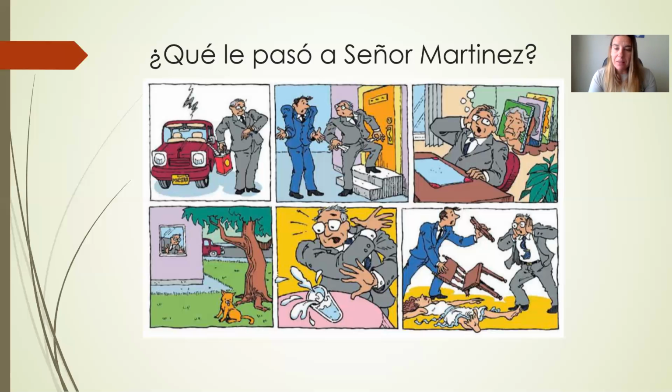And then the last one, oh no, this picture always cracks me up. She fell. Se le cayó, or se le rompió la silla. She didn't break the chair, all right? It was not her fault. The chair broke on her. Se le rompió la silla. Romper is the verb to break. The chair broke on her.